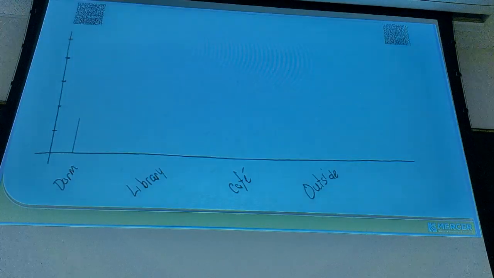Oh, don't automatically draw a line. No, that's too high. That'd be about there. That's good enough. And so we'll say that's the dorm. Library was 38.